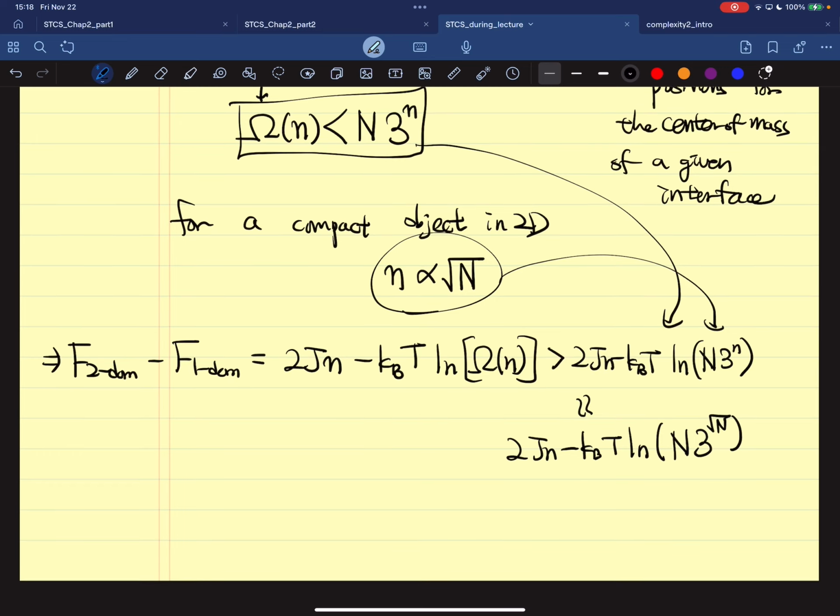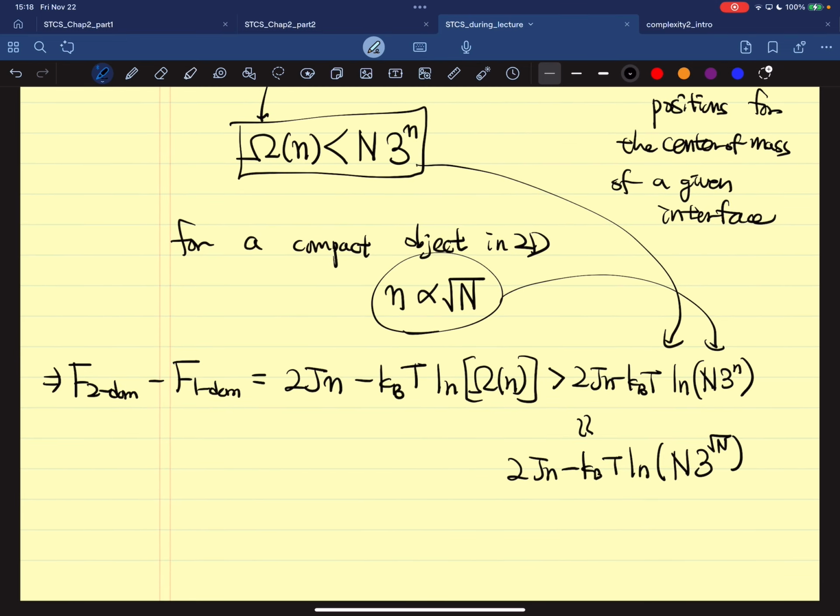And by using the property of log, it's a square root of n KBT log n. No, not this one. Have to be very careful about this. Let's just treat this later.